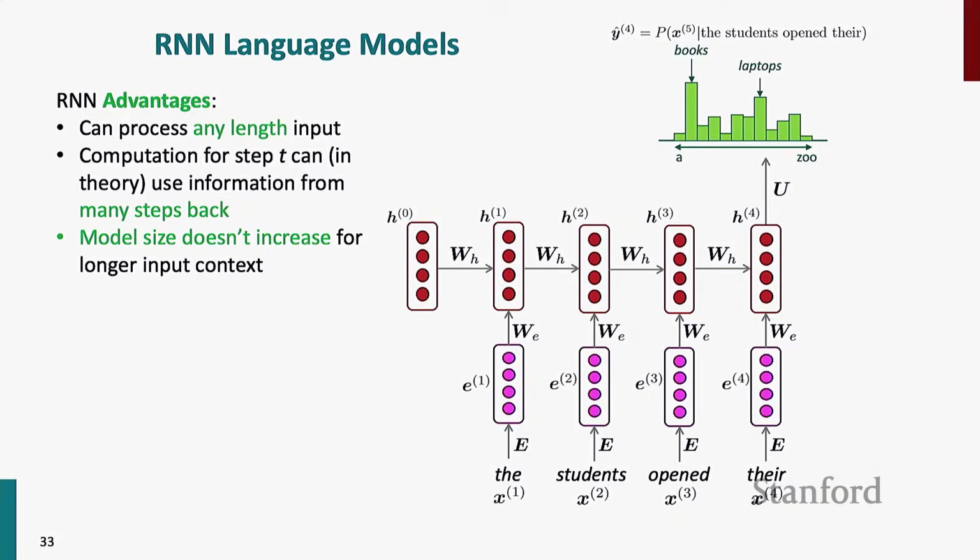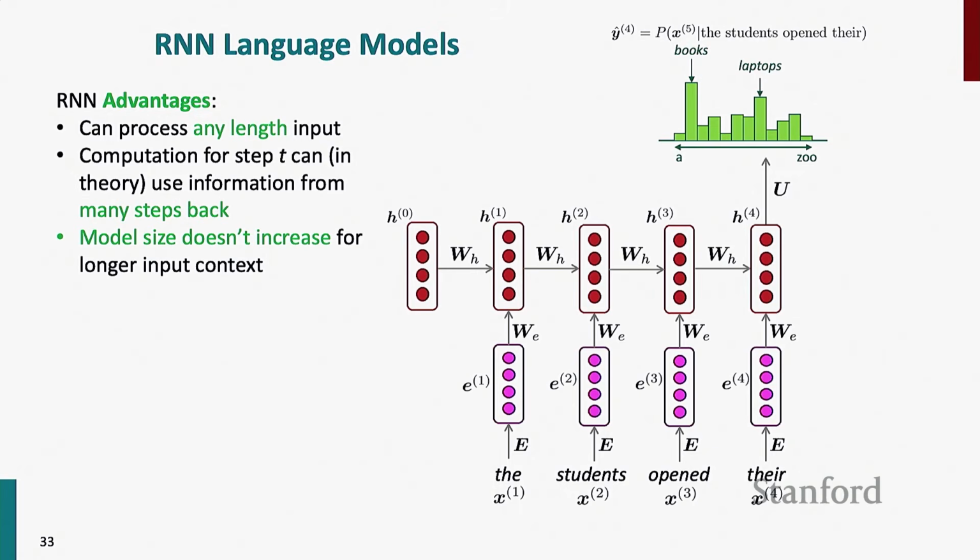So for recurrent neural networks, we can now process any length of preceding context, and we'll just put more and more stuff in our hidden state. So our computation is using information from many steps back. Our model size doesn't increase for having a long context, right?